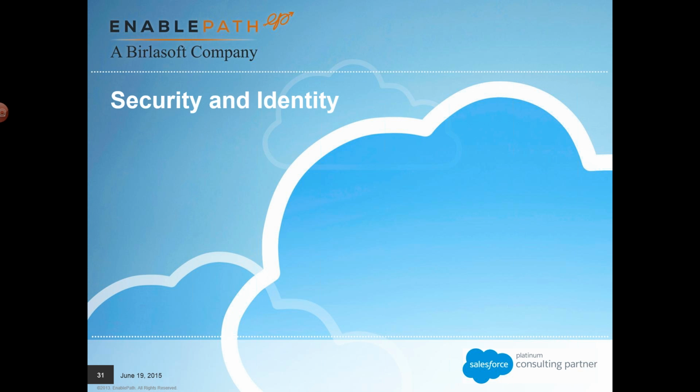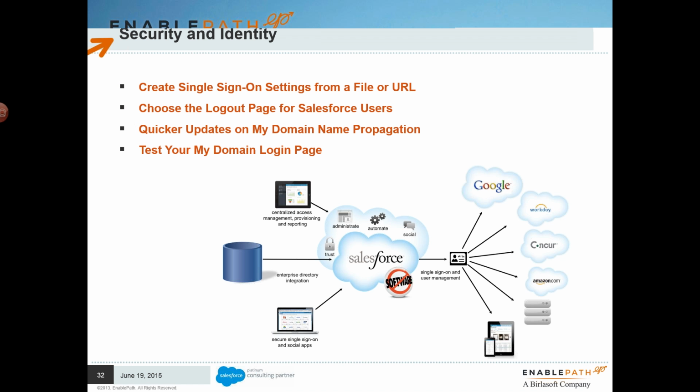Finally, improvements in cross-organization data sharing. The data sharing pilot program is not available for new organizations. It's available for existing orgs. This functionality has seen a couple of changes. Salesforce is versioning this out. The functionality is now superseded by the Salesforce adapter for Lightning Connect.